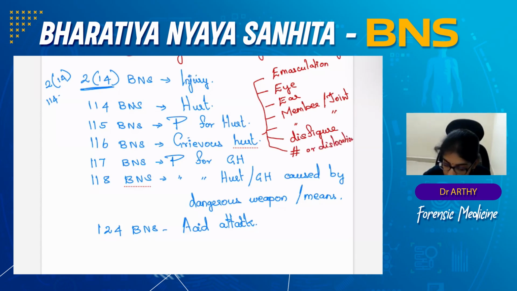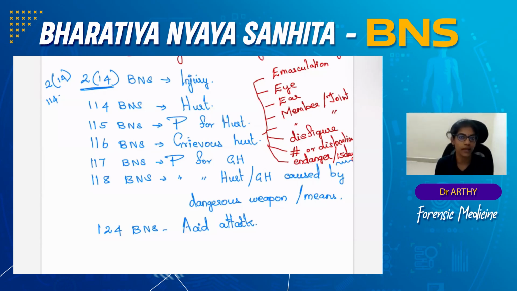And finally, in the 8th clause of grievous hurt, they said any hurt that endangers life, or previously it was 20 days, now they made it into 15 days. 15 days of bodily pain or not being able to do their ordinary pursuit is considered grievous hurt. So this 15 days was a change that they made. The rest they retained the same.